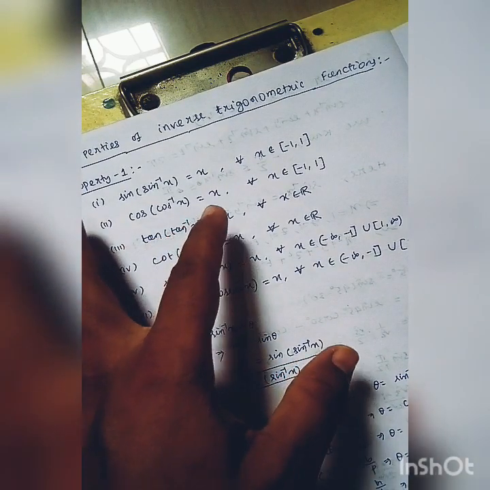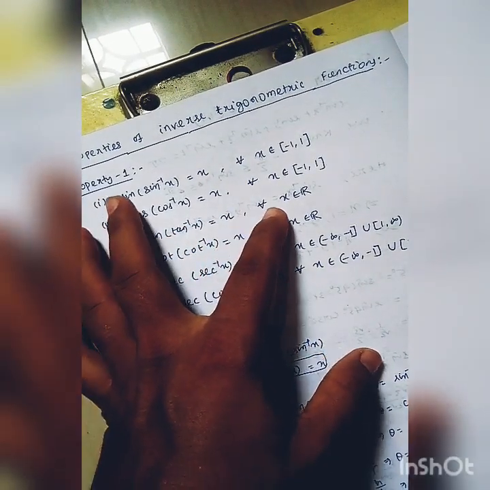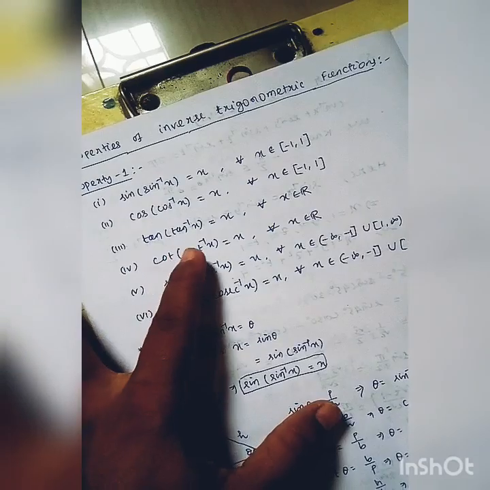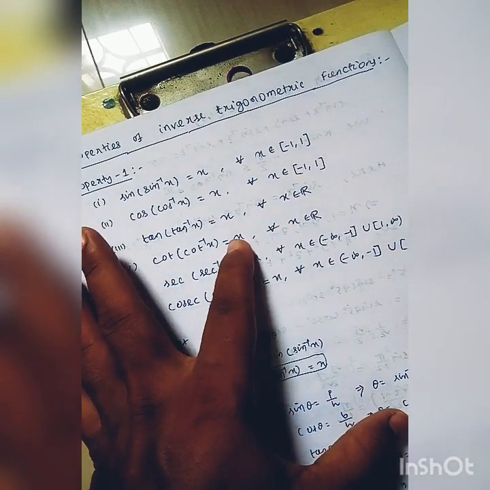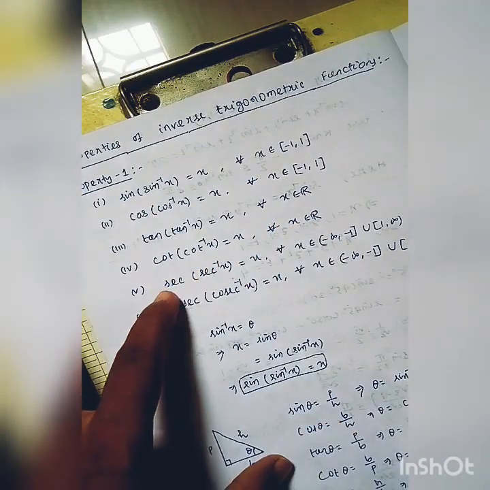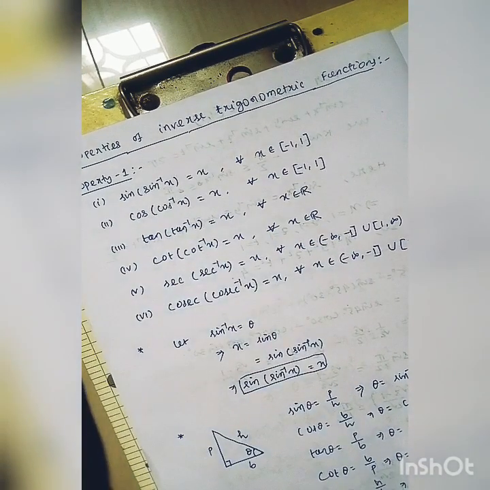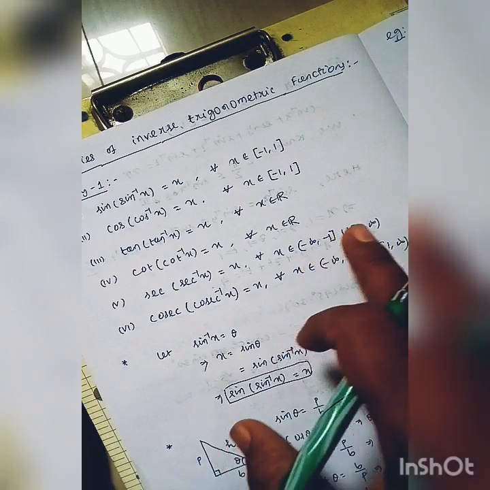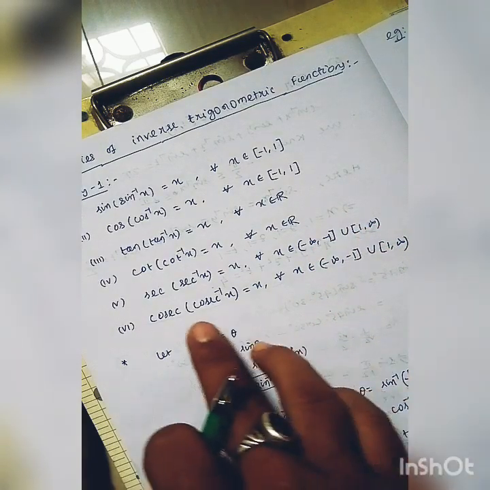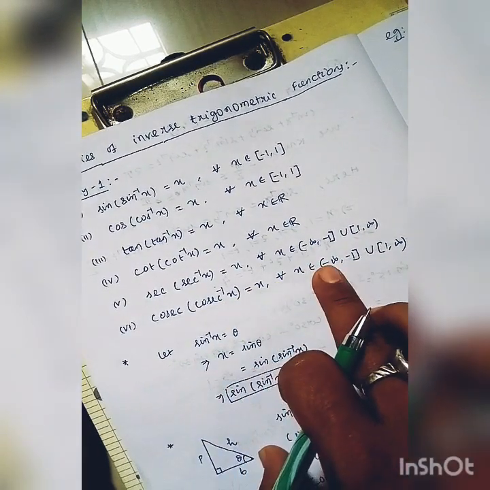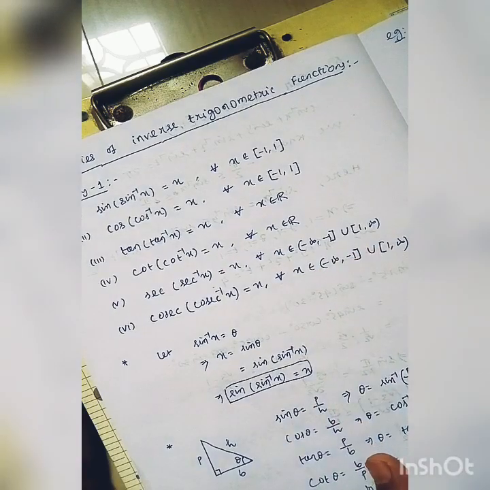Similarly, tan of tan inverse of x equal to x for all x belongs to R. Similarly, cot of cot inverse of x equal to x for all x belongs to R. Now sec of sec inverse of x equal to x for all x belongs to minus infinity to minus 1 closed union 1 closed to infinity. Similarly, cosec of cosec inverse of x equal to x for all x belongs to this.